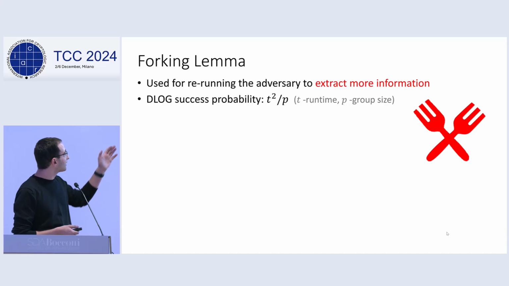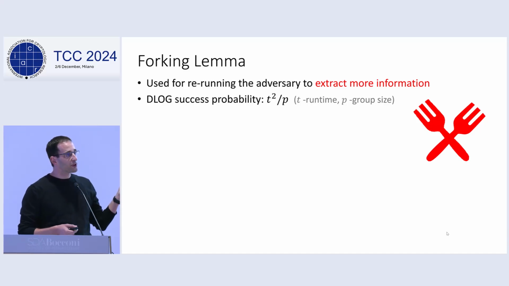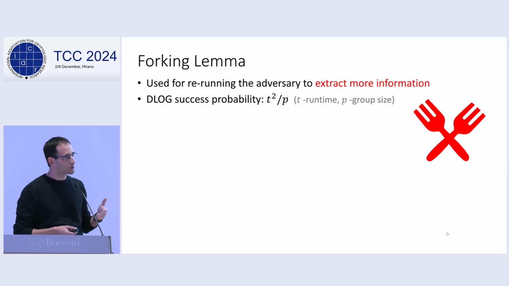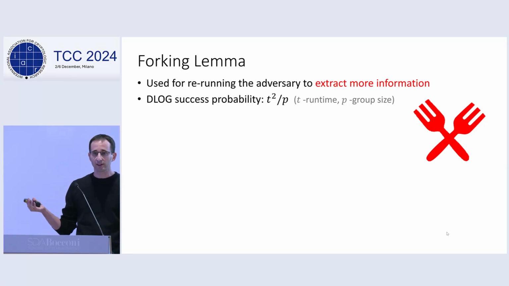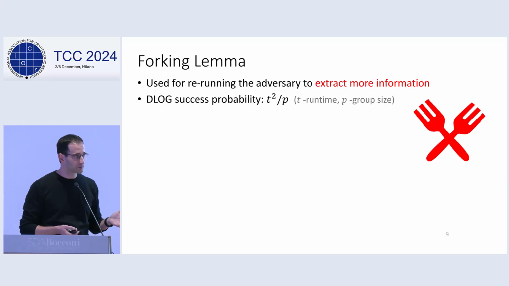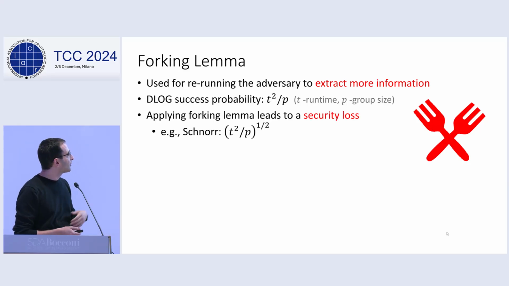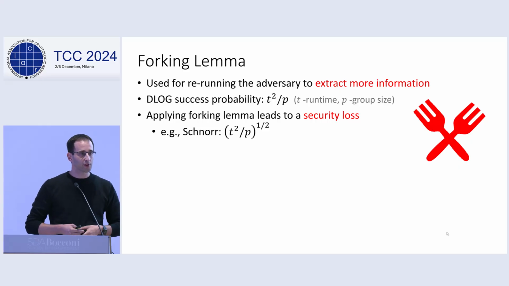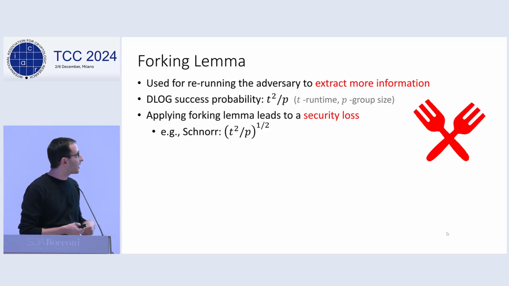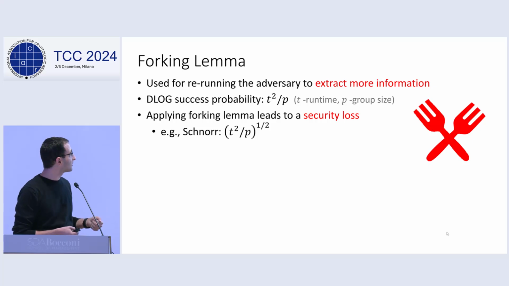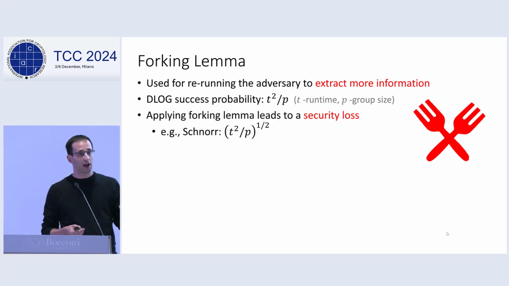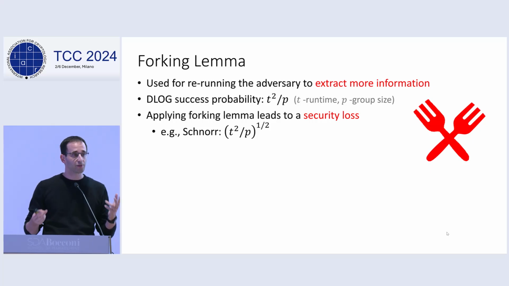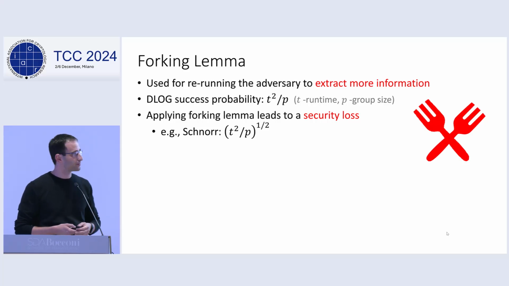For example, standard discrete log security would say that the success probability to solve discrete log is t squared over p, where t is the running time of the adversary and p is the size of the group. After applying the forking lemma, for example in the proof of the famous Schnorr signature, what we get is that the success probability of our adversary is only t squared over p to the half, or we lose a factor of 2 in the security parameter.